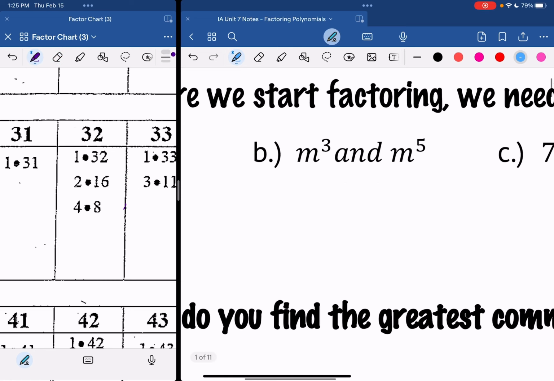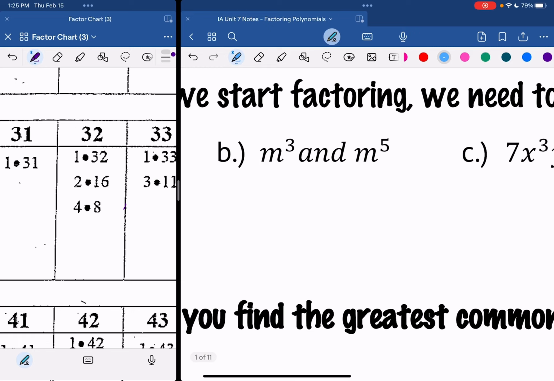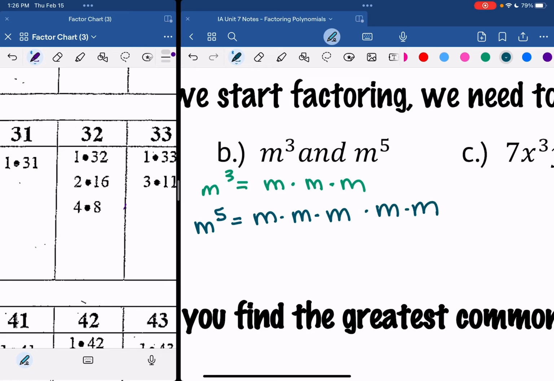Okay, B. So m cubed and m to the fifth. m cubed is the same as saying m times m times m. m to the fifth is m times m times m times m times m.